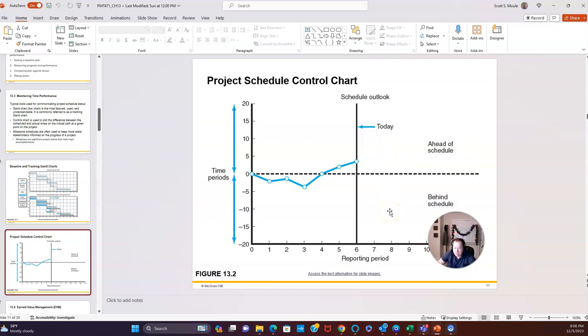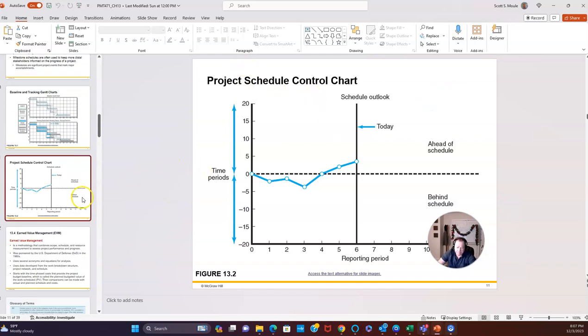That better be communicated to the sponsors, the executives, to see how you're going to improve your project. If this continues up and you're ahead of schedule, then you may be able to finish the project earlier, maybe even ahead of schedule, or complete it under cost. So this is just a way of monitoring how you're doing from a scheduling perspective. Okay.